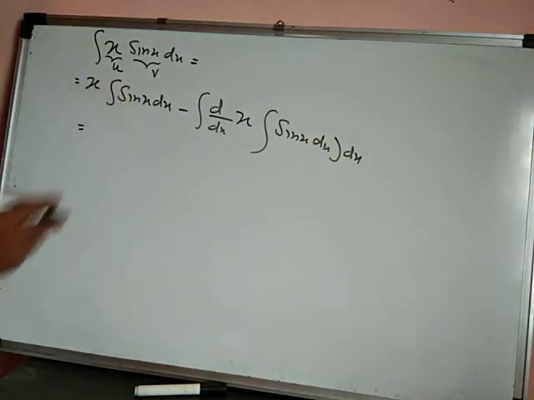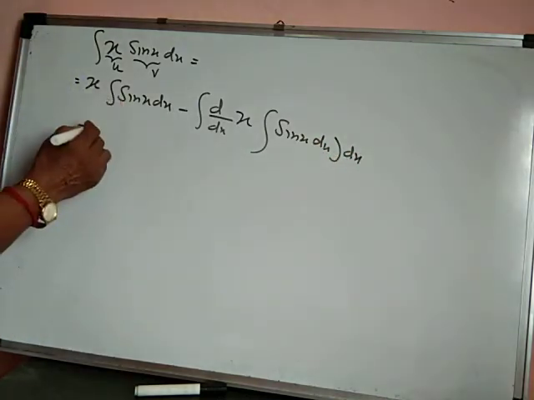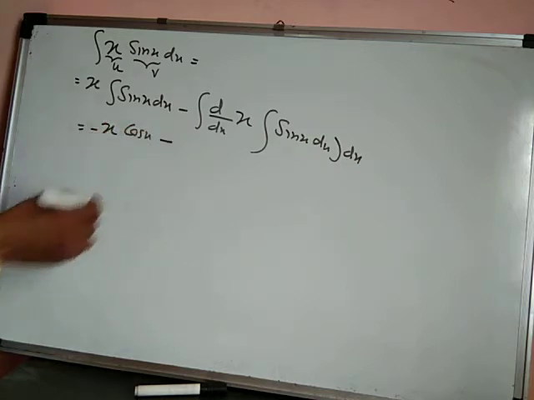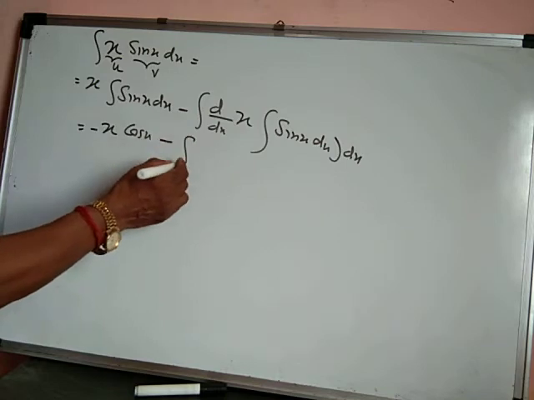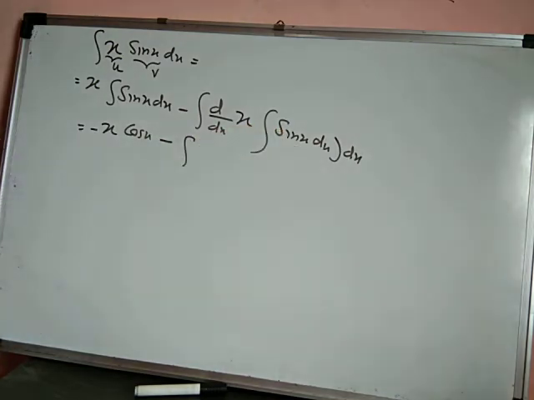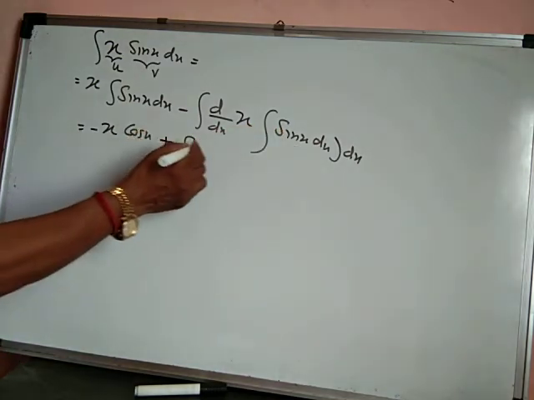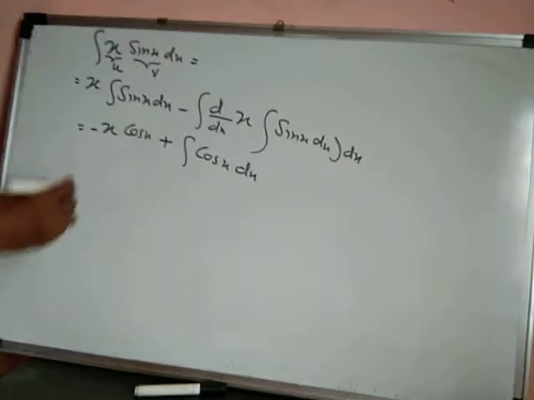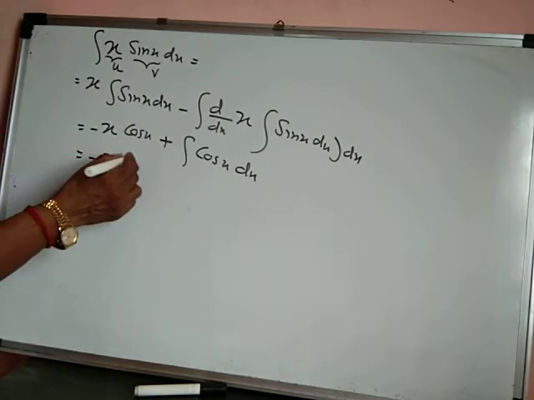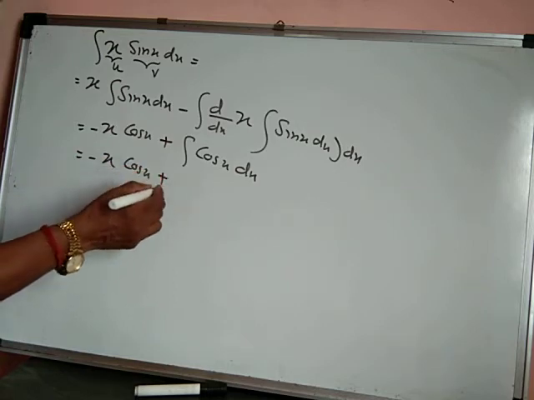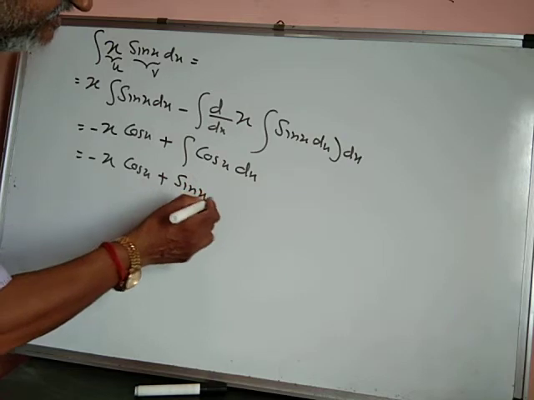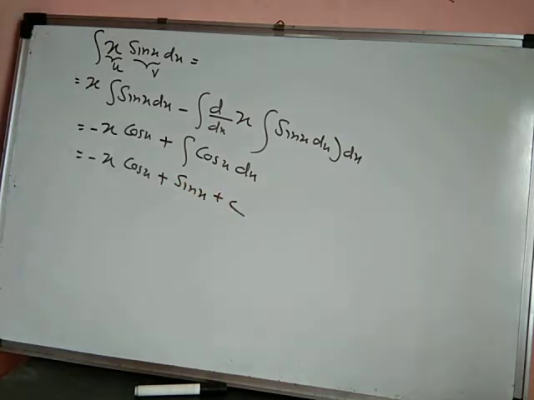Now integration of sin x is minus cos x, so minus x cos x minus derivative of x is 1, integration of sin is minus, so minus minus plus cos x dx. So this is minus x cos x plus integration of cos is sin x plus c.